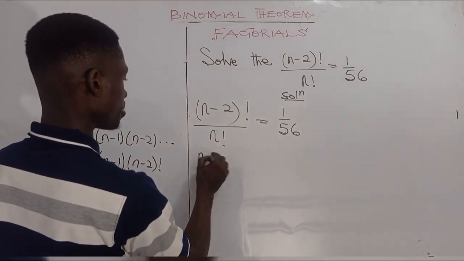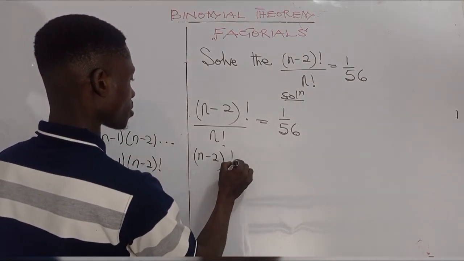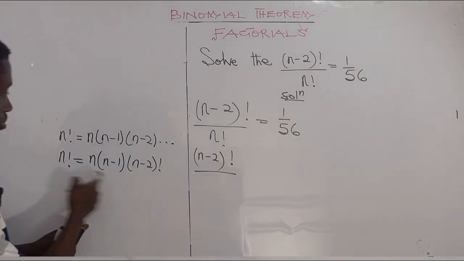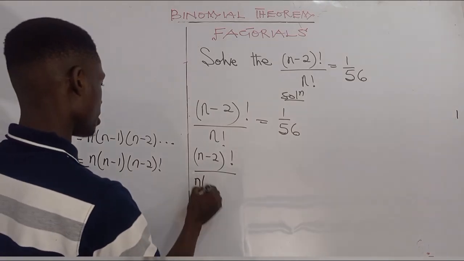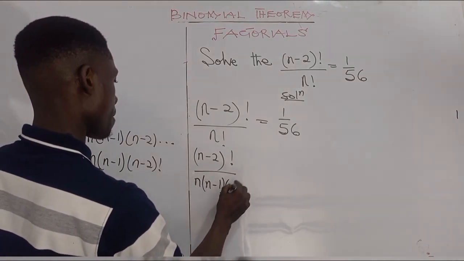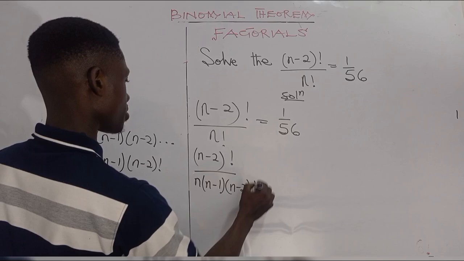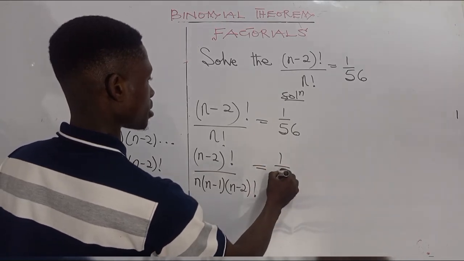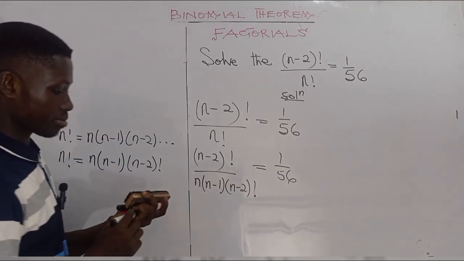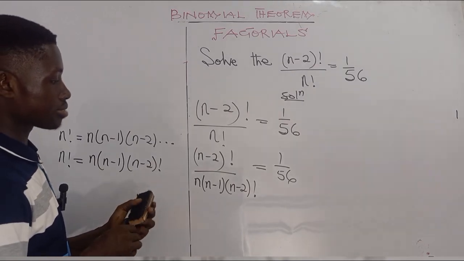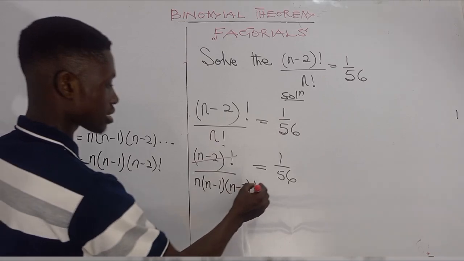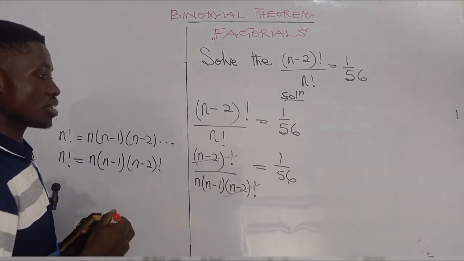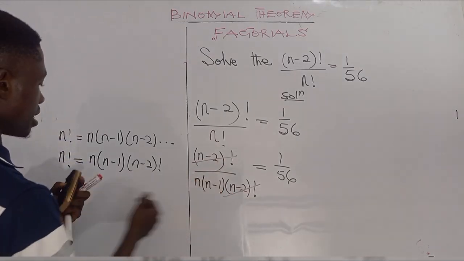So we have n minus 2 all factorial, and in place of n factorial we are going to write this. And this is equal to 1 over 56. From this, you realize that (n minus 2) factorial cancels (n minus 2) factorial. We are left with 1 over that.